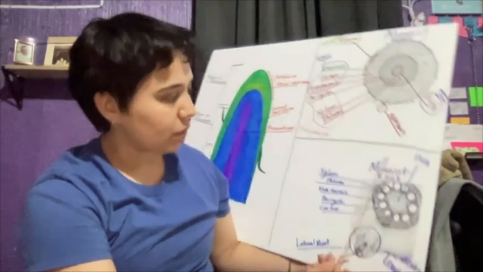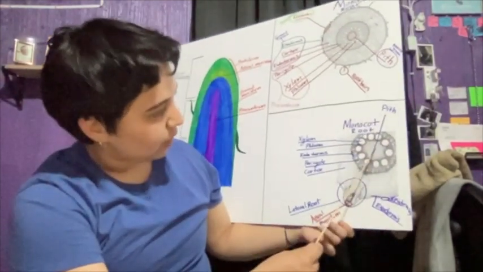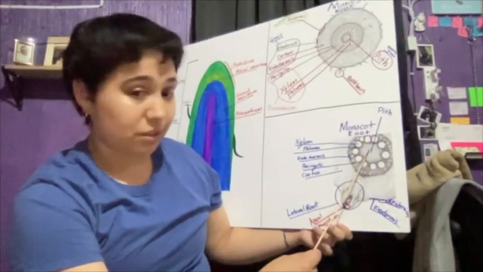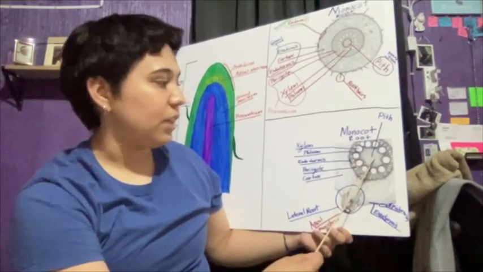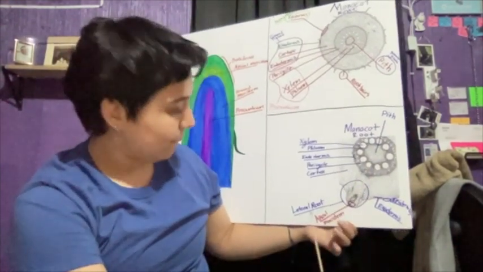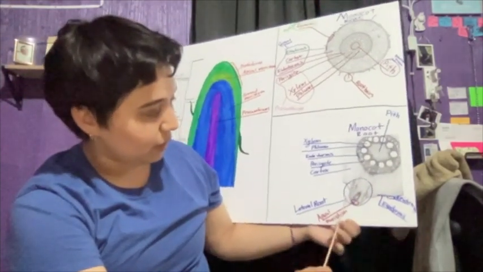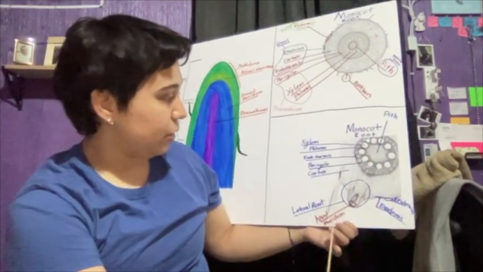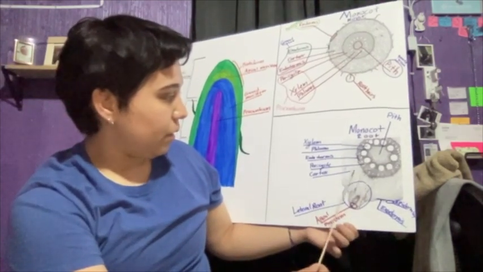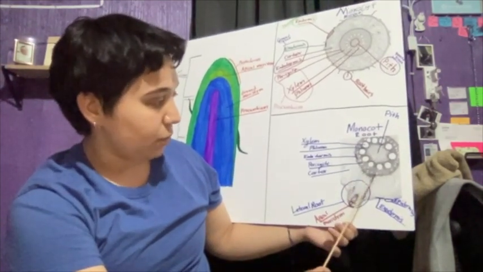And then, not to forget, the middle, which is the pith. This is the center of the root. And here we have the lateral root. This is a lateral root, and it grows from the pericycle. It starts right here.